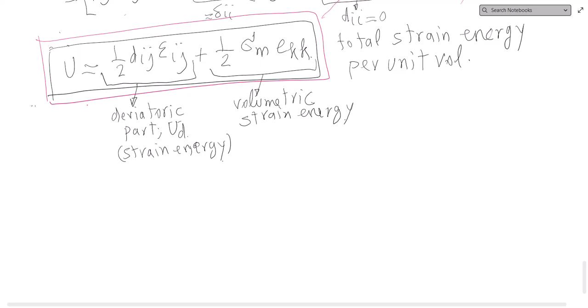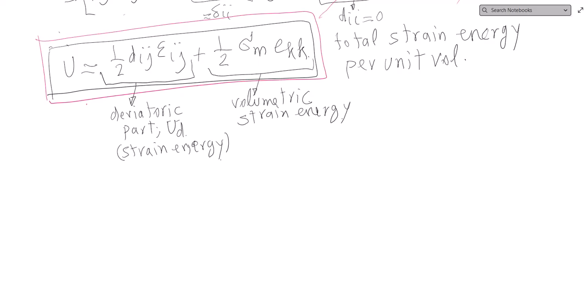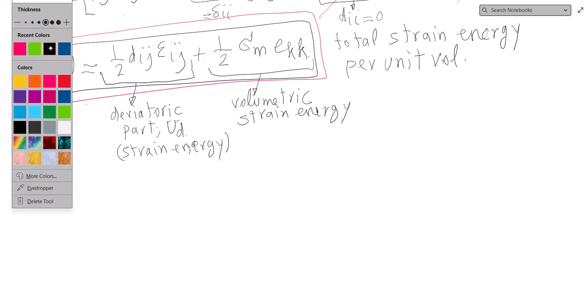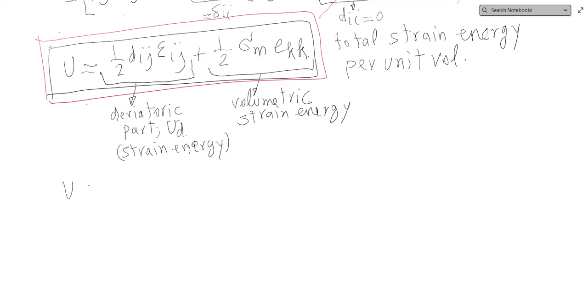Okay, so this is my distortional energy. So let's write it down again. U_D is 1/2 of d_ij epsilon_ij. Good.